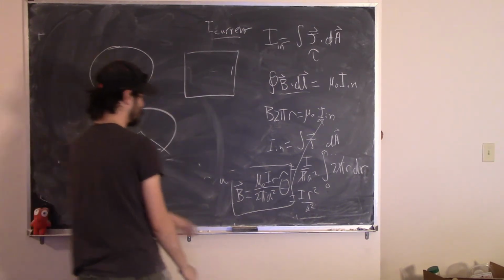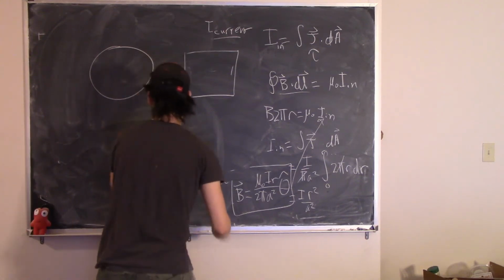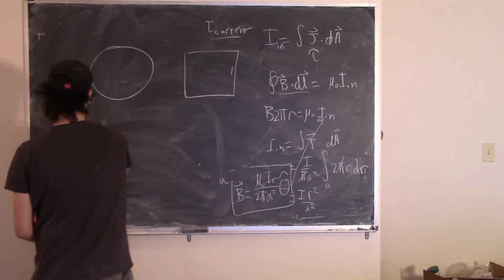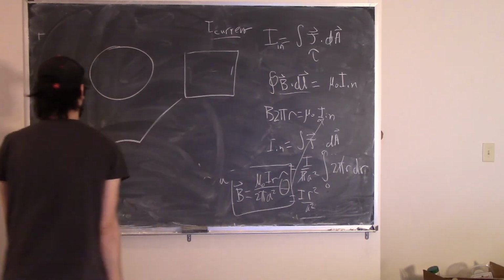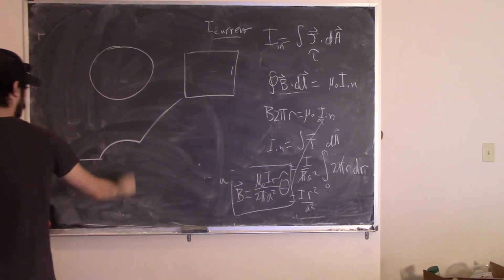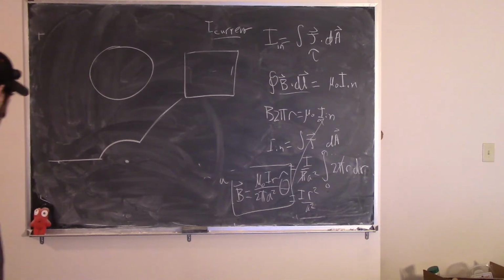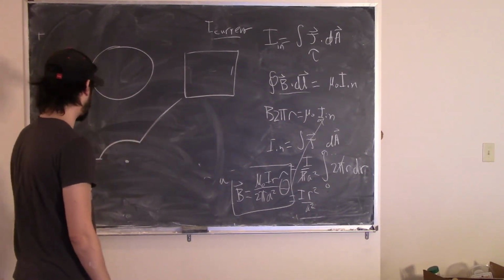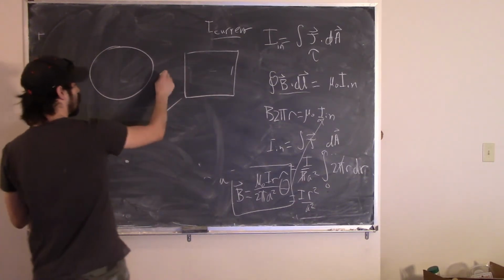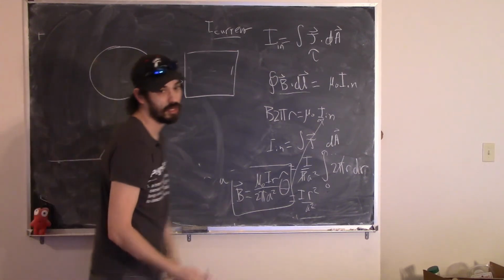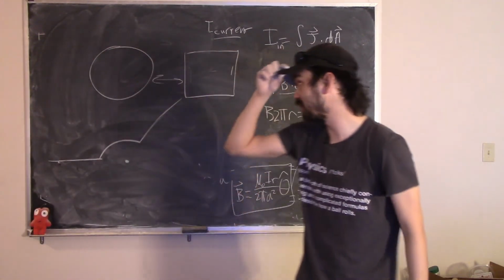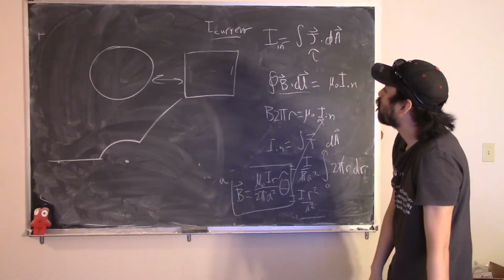I could do something like this. This is actually one of the problems that we're going to do tomorrow, where I have these three segments. But really, it always just comes down to these two shapes and then how you define your limits of integration.